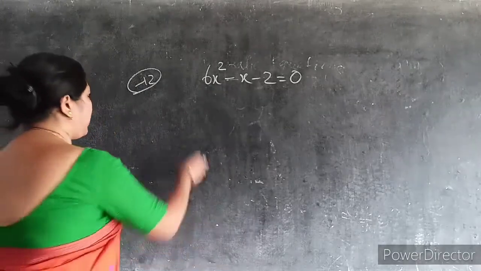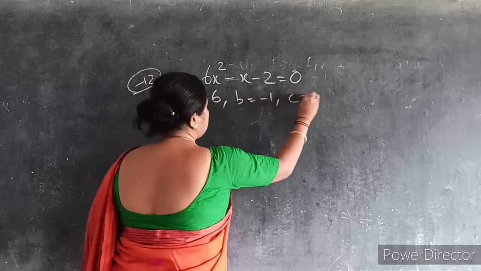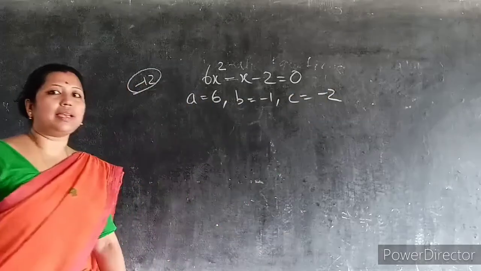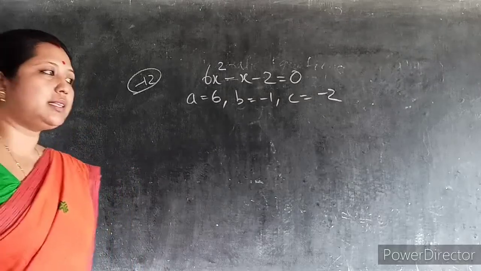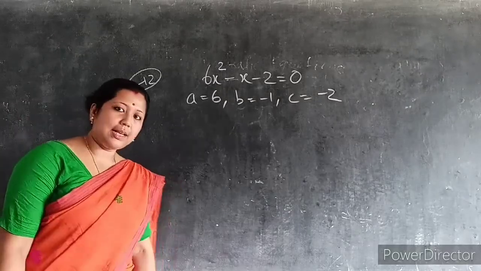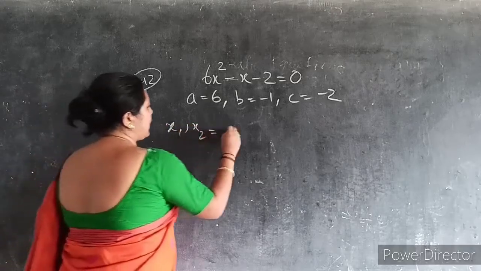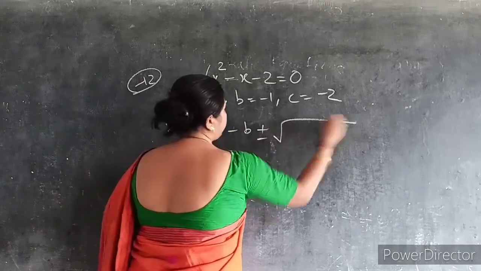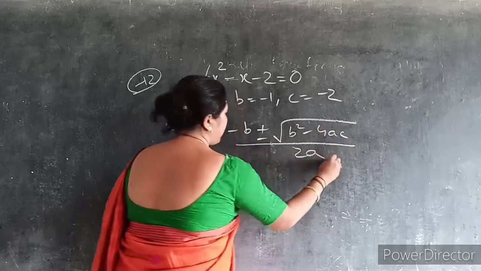The second method is known as the discriminant method or quadratic formula, where you first write the values of a, b and c. A is equal to 6, B is minus 1 and C is minus 2. We write this because we are comparing with the main quadratic equation ax squared plus bx plus c. Since there are 2 roots, they are given by the formula minus b plus minus root of b squared minus 4ac, divided by twice a.